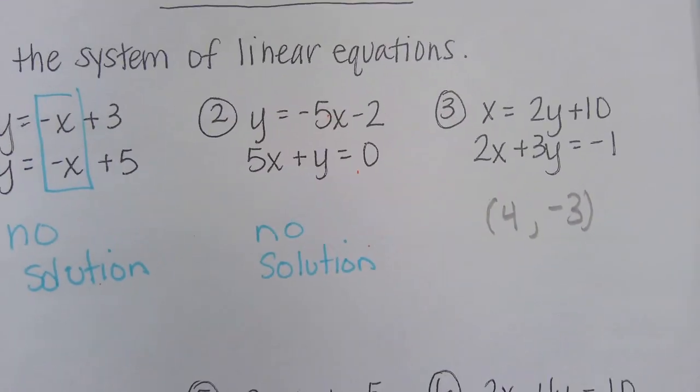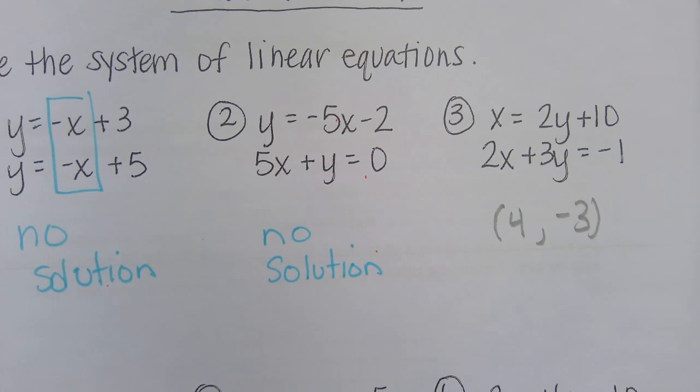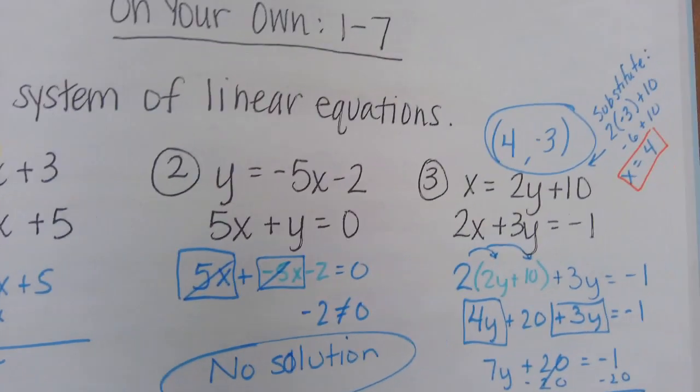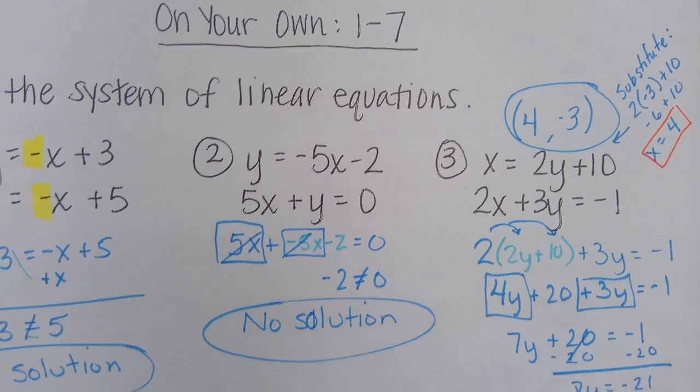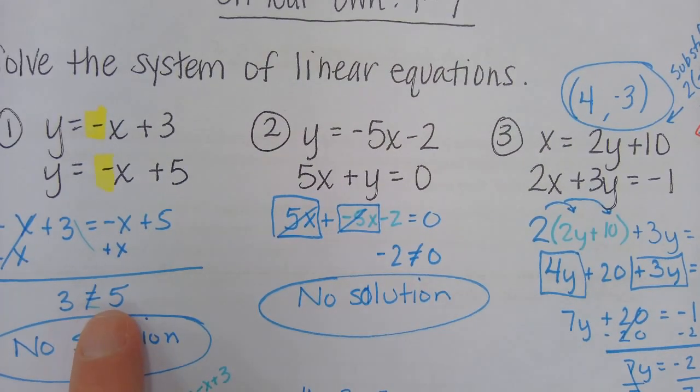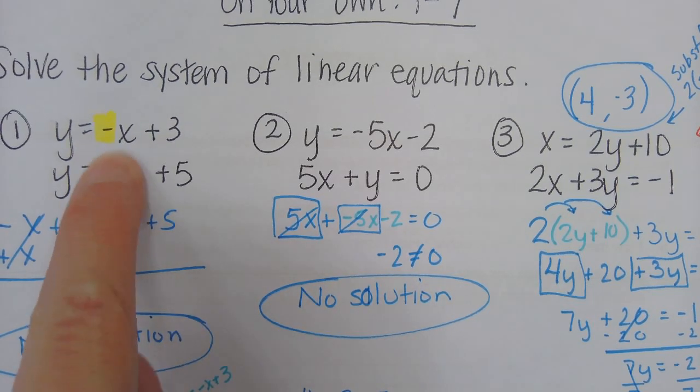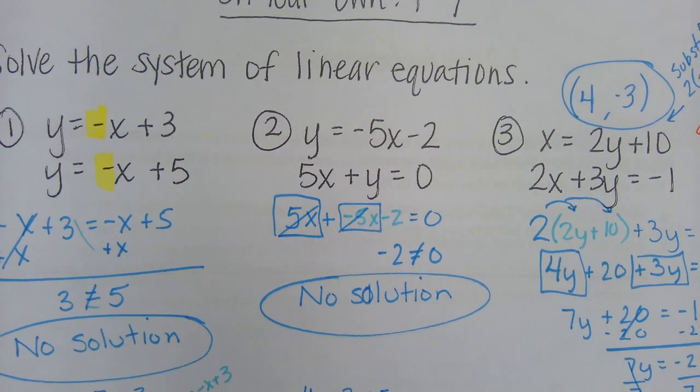Okay, here they are worked out. For the first two, if you worked them out, notice that you get numbers that can't ever be true. But better yet, I noticed that they had the same slope here.